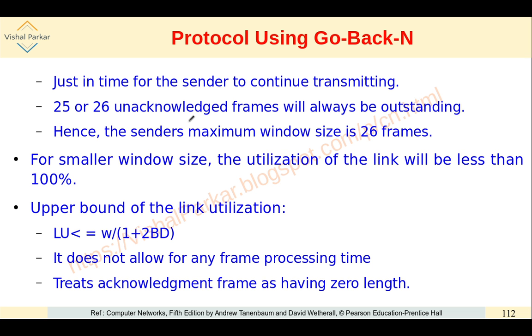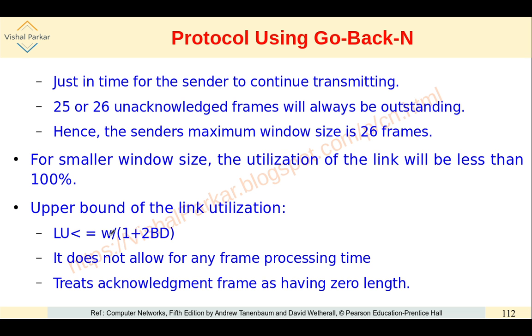Now, if W is made smaller than 26, obviously the utilization of the link will be less than 100%. Now, how much can the link utilization be? We can calculate the upper bound: the link utilization will always be less than or equal to a ratio which is the actual window size W upon 1 plus 2BD.